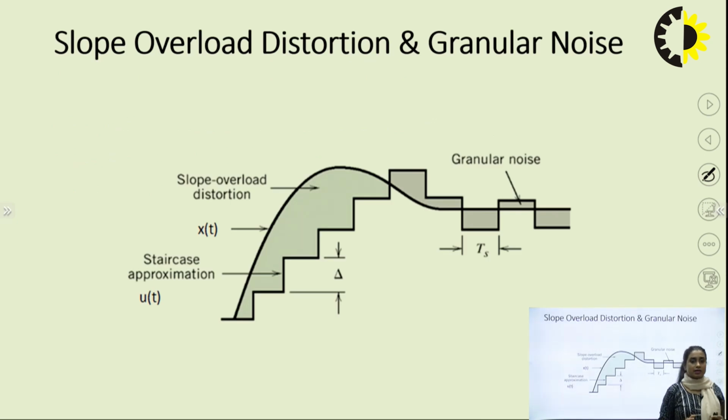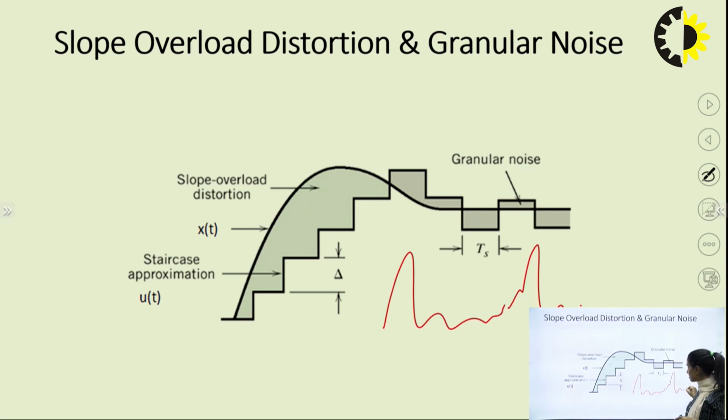We all know that in delta modulation, we approximate an analog signal into a staircase representation, right? And we have to take care of one thing. If we are considering our audio signal, my audio signal is not a smooth signal which has uniform amplitude and frequency all the time. My audio signal in practicality will somehow look like this, with some sharp peaks.